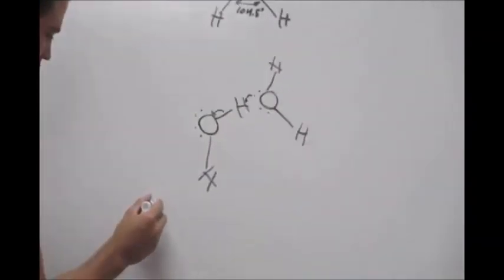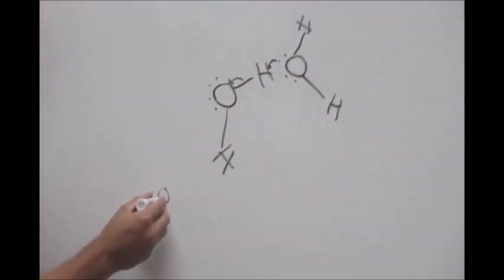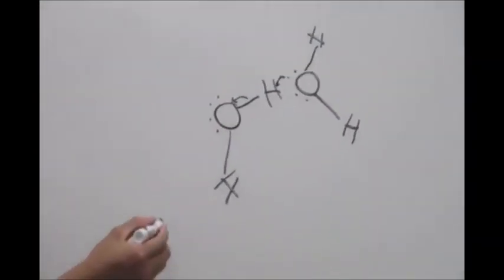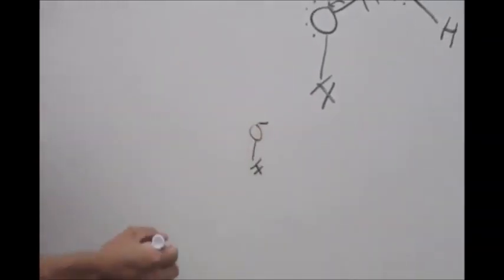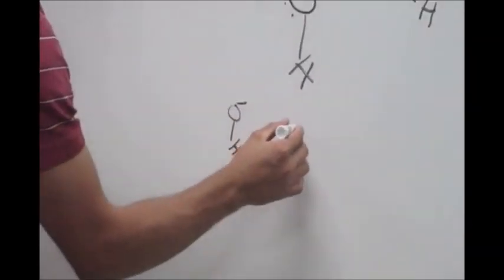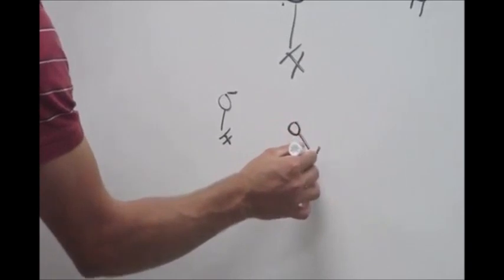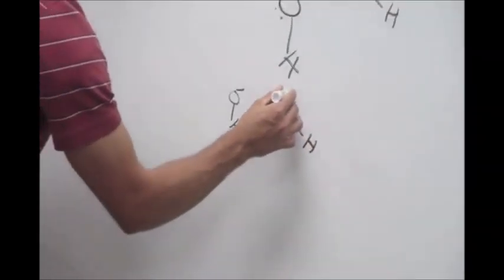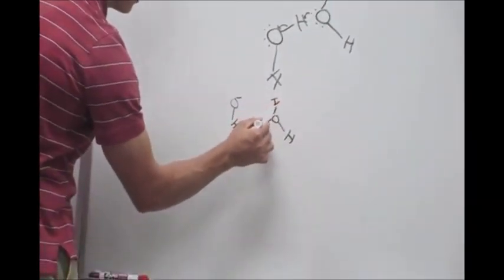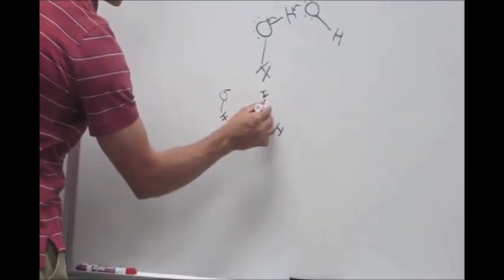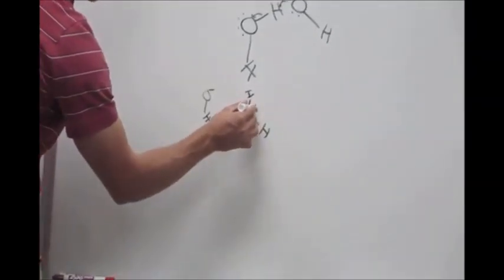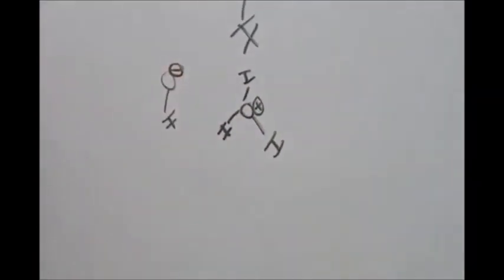Let's draw that now. We would have this molecule here, which would be negative, and this molecule here, which would be positive.